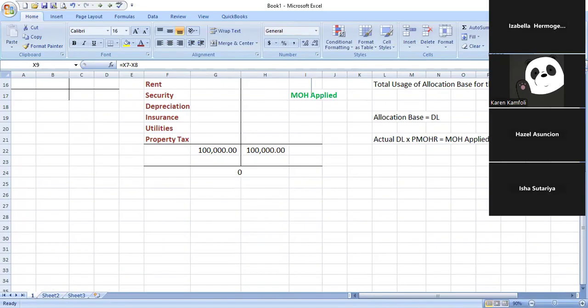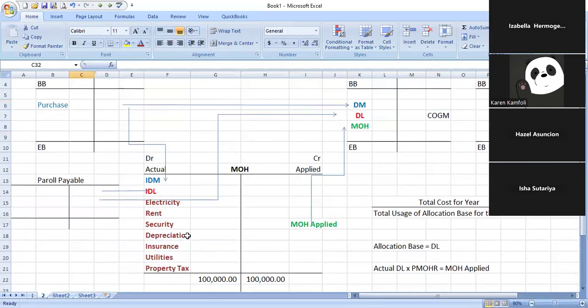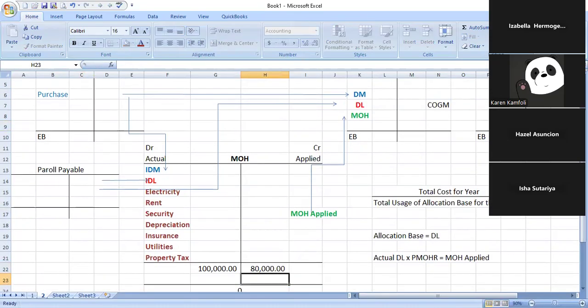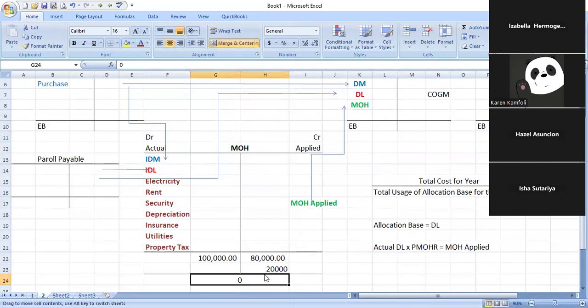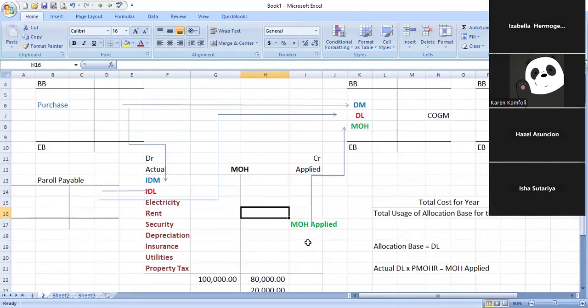Let's label it number one. So second scenario: we apply less. How much less? In fact, $20,000 less. Make sense? So let's think about it.